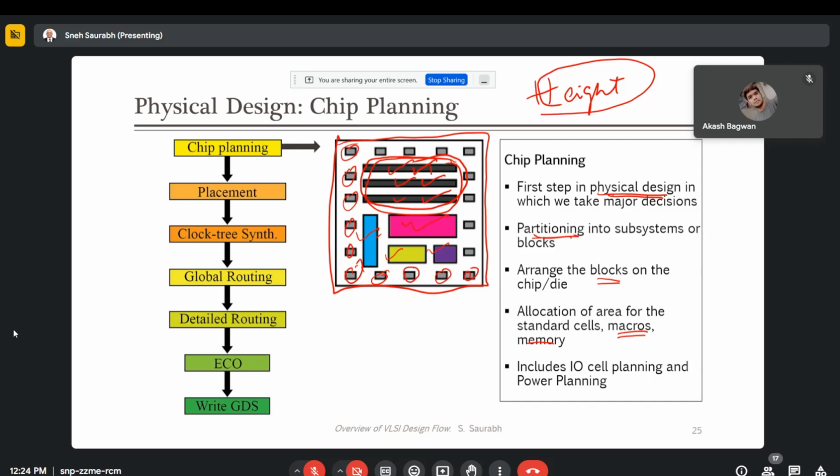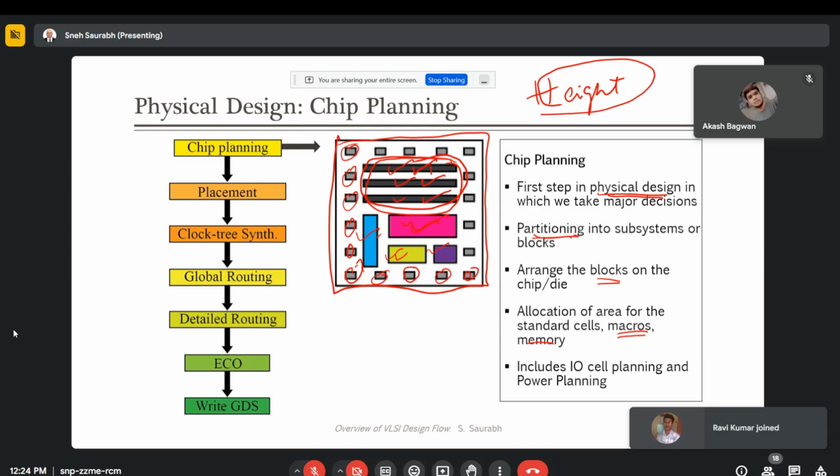Why are we not doing it? We are not doing it because the number of standard cells in our designs will be huge. It will be in millions. And therefore, we cannot manually place those standard cells over the layout during the chip planning stage. During the chip planning stage, we only place bigger entities like a memory block or the CPU or the controller, big blocks of things, at the required location manually.